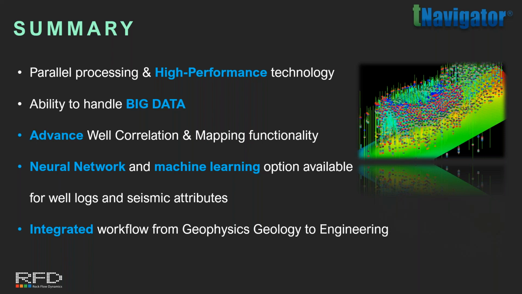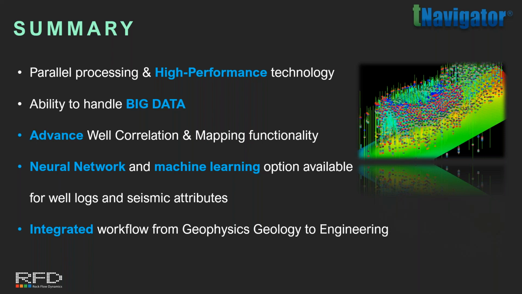The static modeling is not covered here, but it was covered in the previous webinar, so it's all connected in one single platform. And now we have the neural network and machine learning option available, not only for well logs, but also for seismic attributes. tNavigator is an integrated workflow covering from subsurface all the way to surface, from seismic to geology, modeling, and engineering.